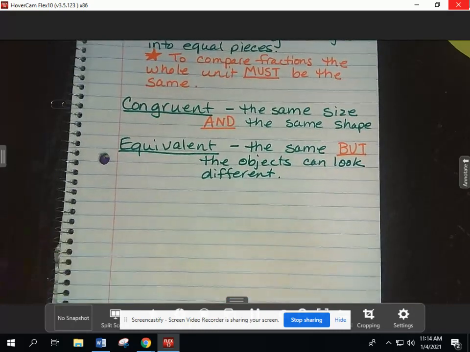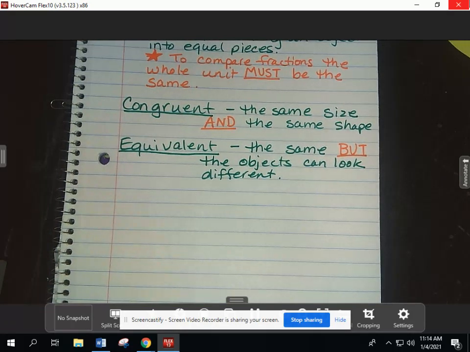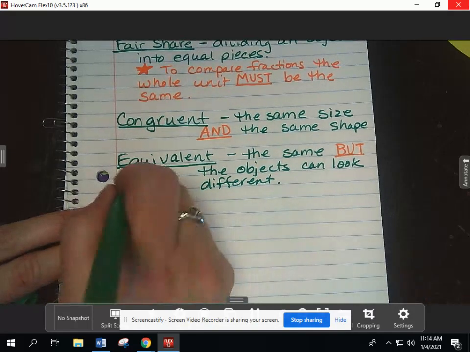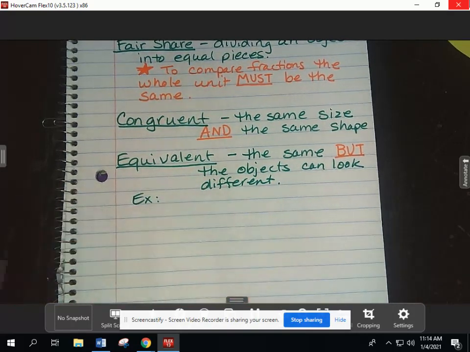Now we're going to draw some pictures. For example, I want you to think about number corner today.